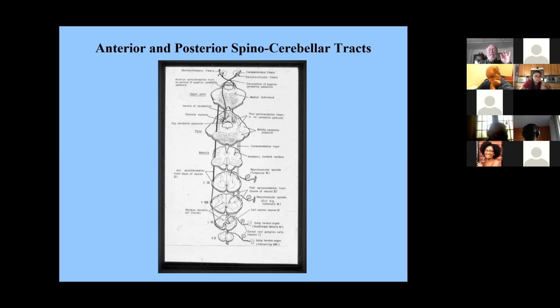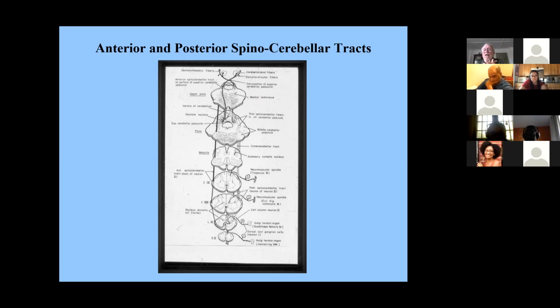The interesting thing is that these spinocerebellar fibers, the axons of the nucleus of Clark, are fairly myelinated fibers. They can be A delta, they can even be A beta. So that information is going up quickly.